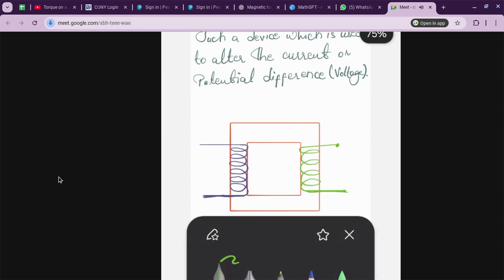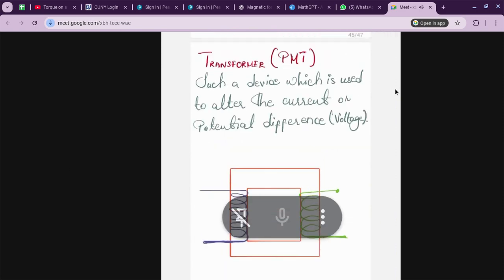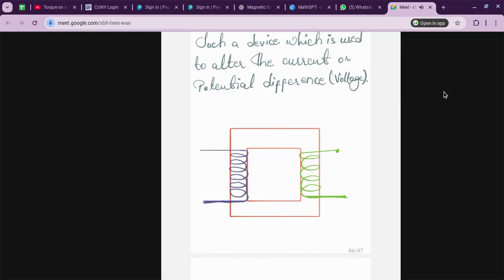So this is what we call a transformer. Transformer is a device which is used to alter the current or potential difference. Why do we need to alter the potential and the current?